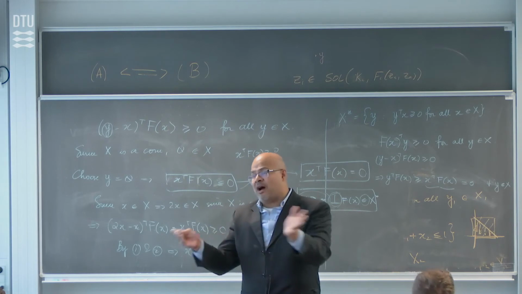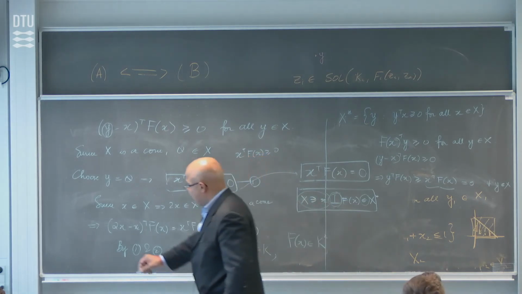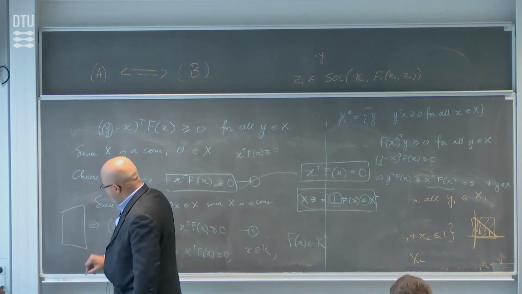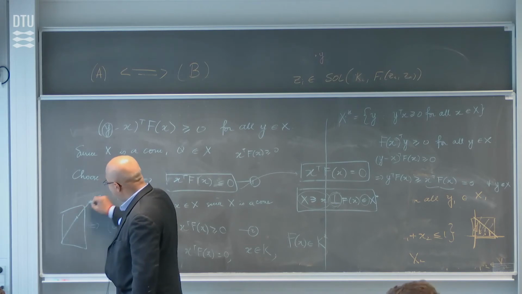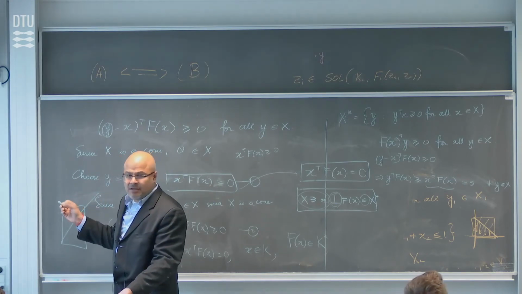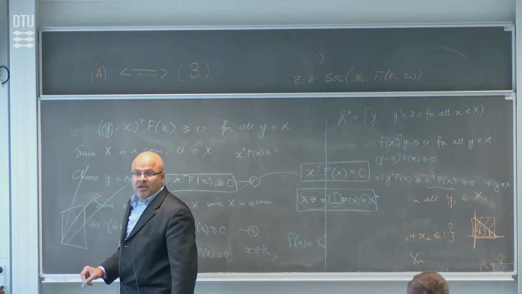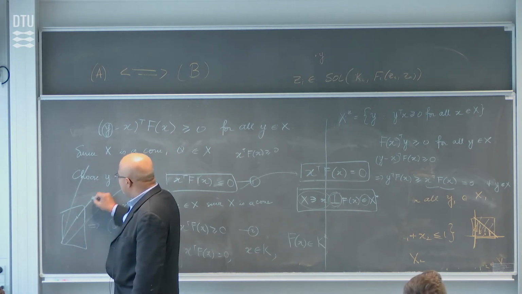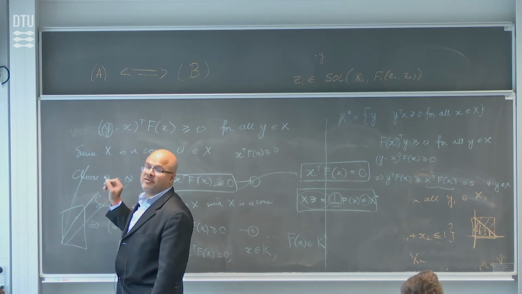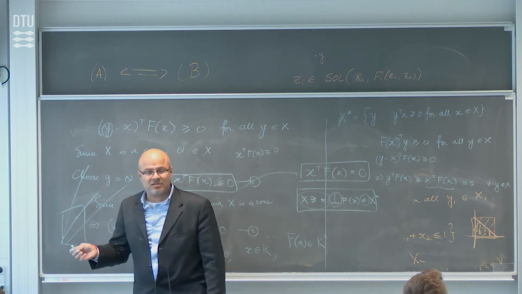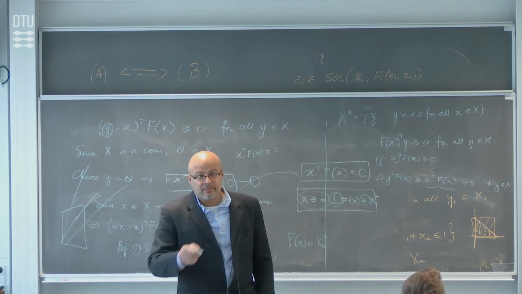Now, if I give you an arbitrary closed and convex set, and I said this is X, if I take 2x, it may be outside the set. But remember, this is not an arbitrary set, it's a cone. So if I pick a point x and I scale it, it's always in the set. So 2x always works. Okay?